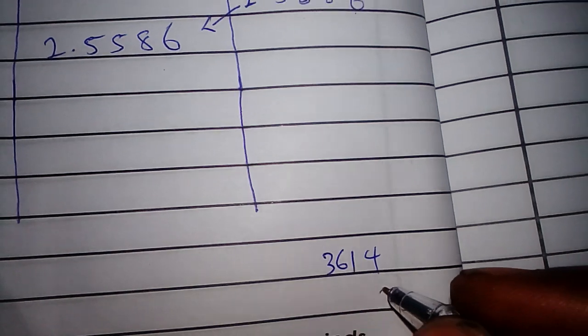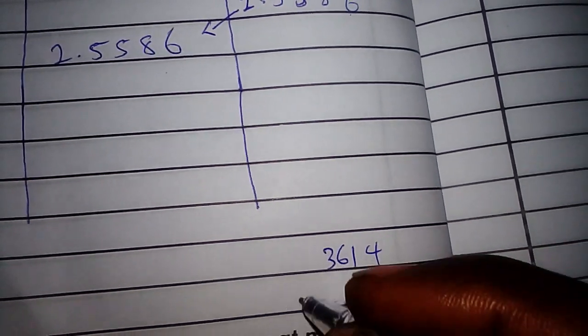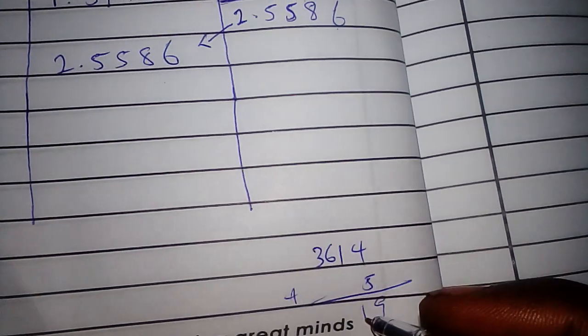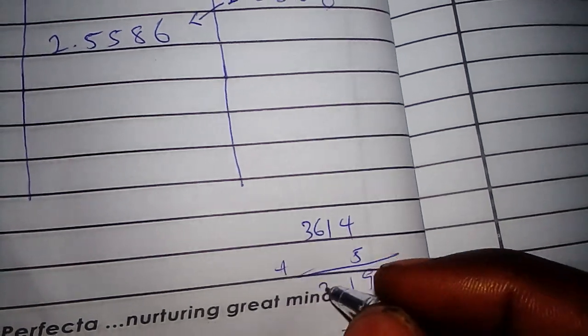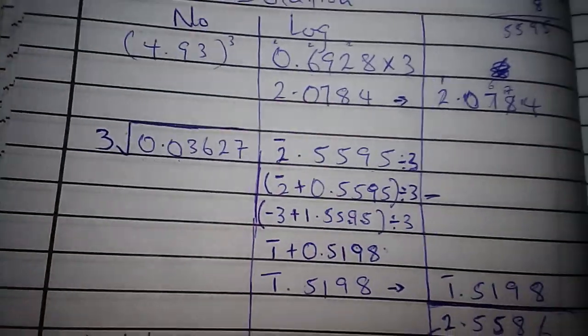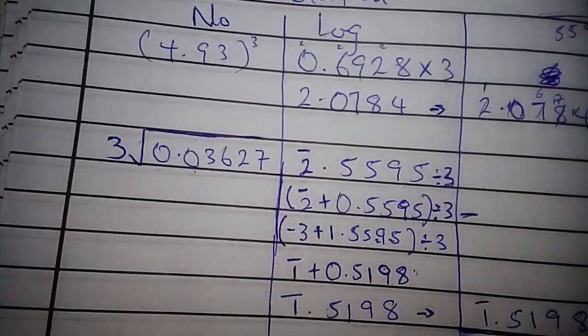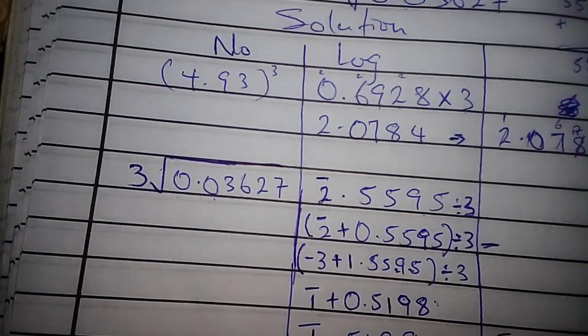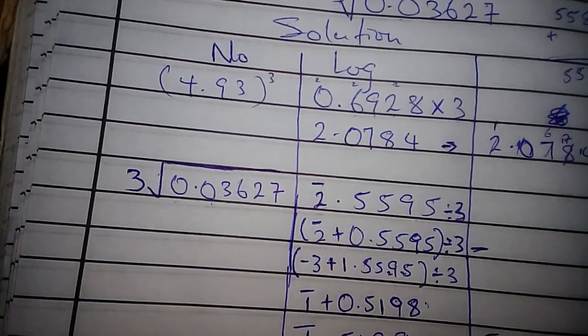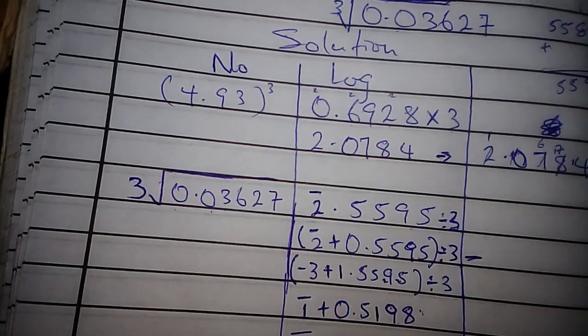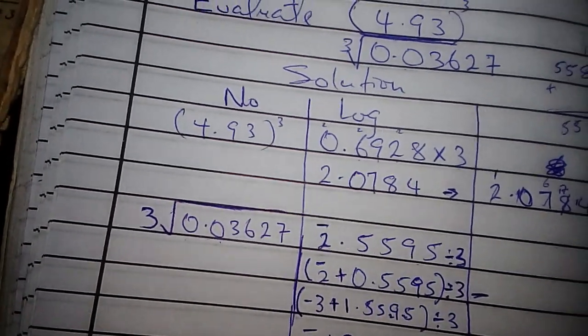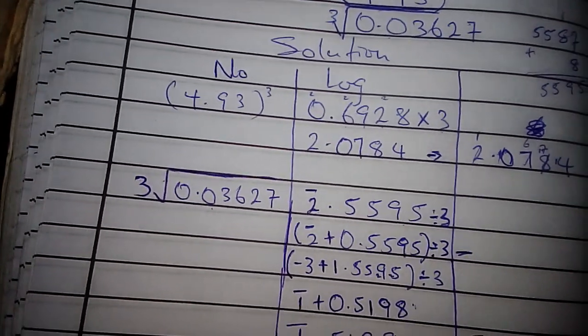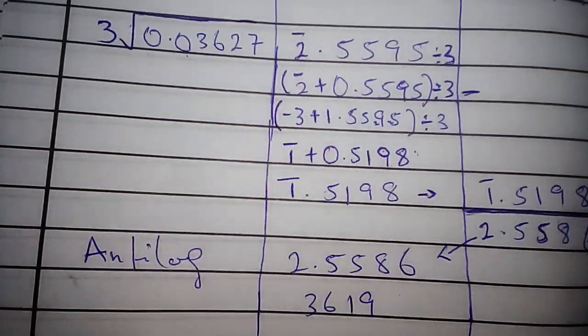So let's put the 5 here and add. So here we have 9, 1, 3, 6. So let's forward it. So here I have 36, 19.